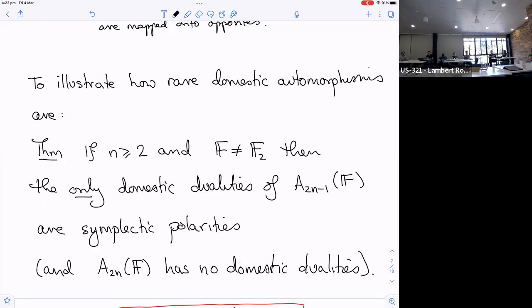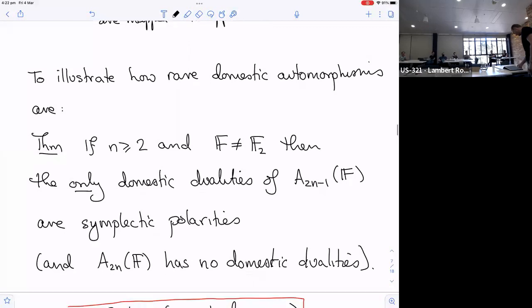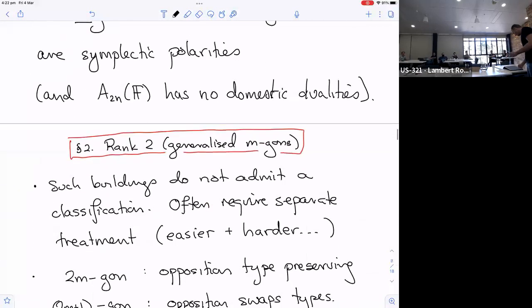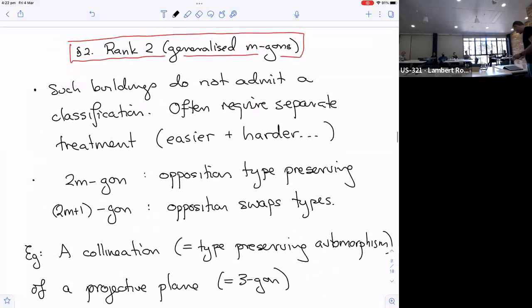And just alluding to what I said earlier, knowing a lot about type A will help us a lot to learn about general types. All right, anyway, now I'll start with what we have done, I guess, and this part's a while ago, so really quick. This is 2015 work. We started with rank 2, generalized n-gons.